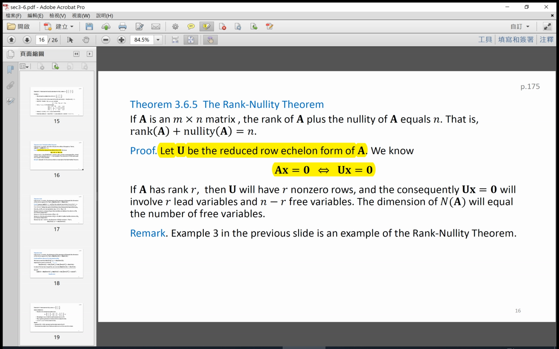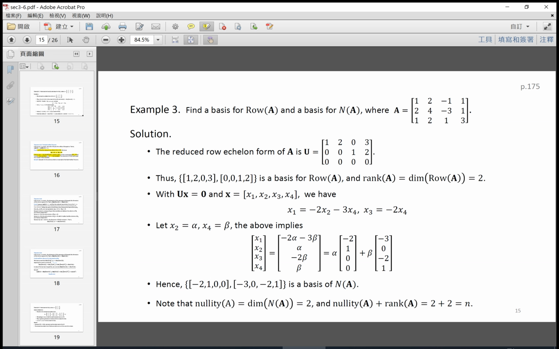If A has rank R, then U will have R non-zero rows. And UX equals 0 will involve R lead variables and n minus R free variables. To see this, we will use the previous example to illustrate.